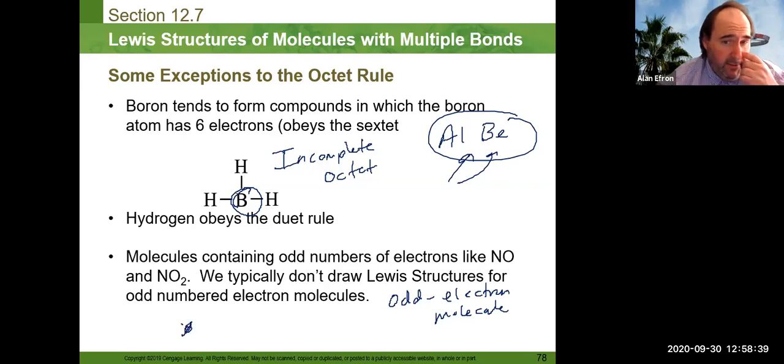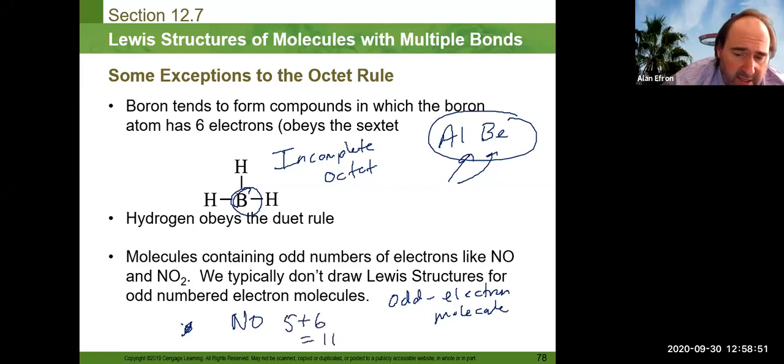Let's see, which one would do, like NO, for example. NO, if you do just the valence electrons there, that is 5 for the nitrogen and 6 for the oxygen. That's 11 electrons. So when you go to draw something like this, you've got 2, 4, 6, 8, 10, and 11 electrons.